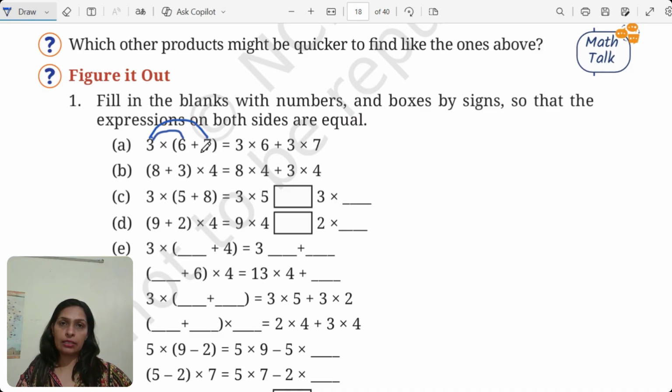Most of the time we observe that students multiply the outside number with only the first number, but they forget to multiply the same outside number with the other ones also. So make sure whenever any number is outside and we are taking it inside, it is going to be operated on all the numbers that are there.